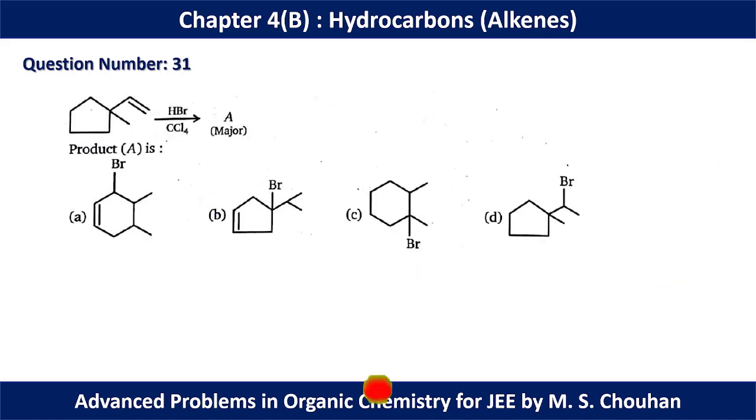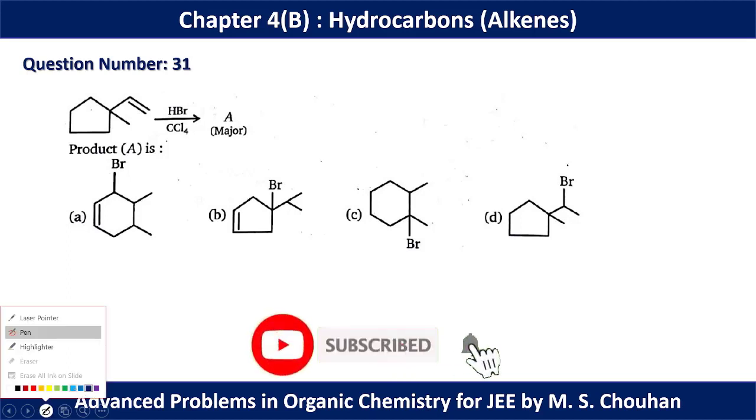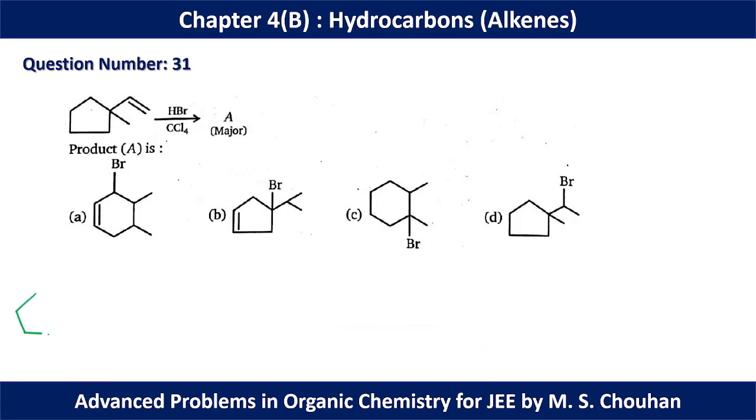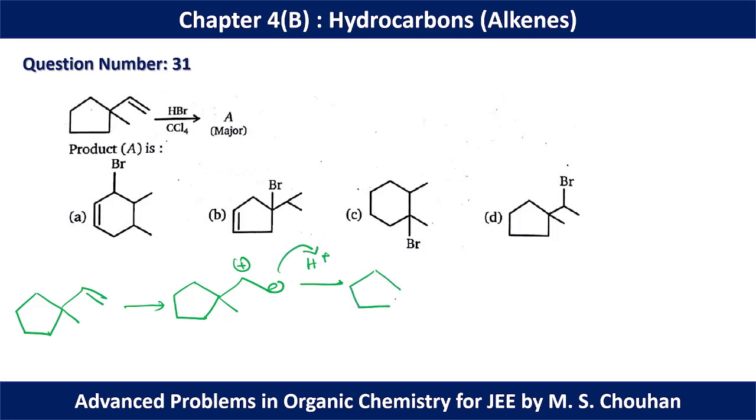In question number 31, again we have one addition reaction example. We have a 5-member ring, methyl. Initially we have dissociated this alkene like this, plus, minus, and minus has reacted with H plus. So basically methyl, here we have positive. Now this CH bond or CC bond is broken.